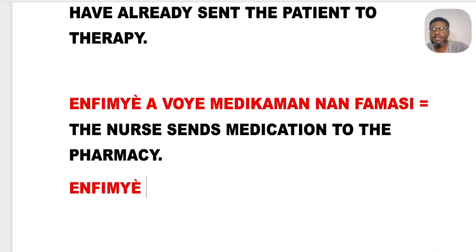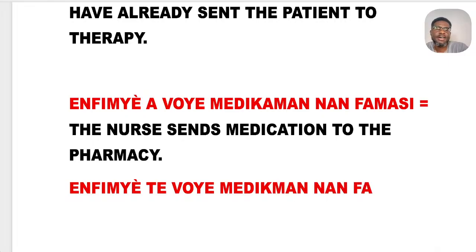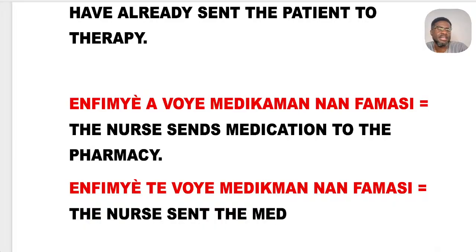Infirmier te voye medikaman nan famasi. So this one will be the nurse sent the medication to the pharmacy. Ok? Nan le ti point kon sa. Ok? Sent the medication.